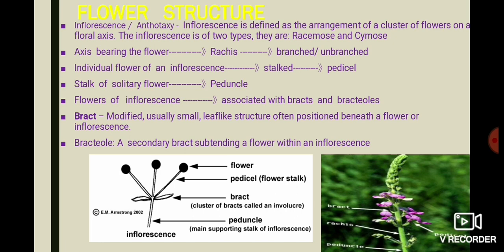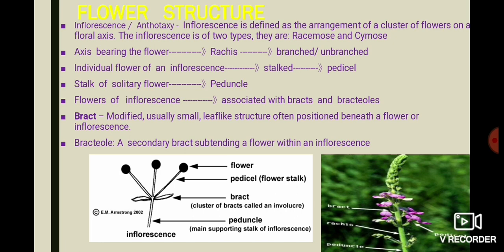See, I have given you, bracts are modified, usually small, leaf-like structures which often get their position beneath a flower. And bracteole is a secondary bract. So bract is primary in nature and bracteole is secondary in nature. A secondary bract subtending a flower.